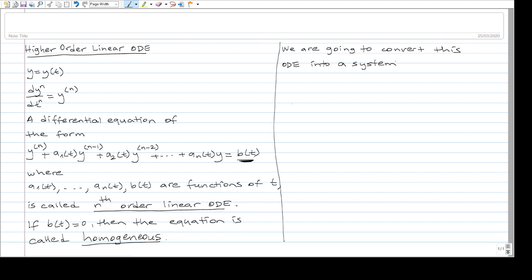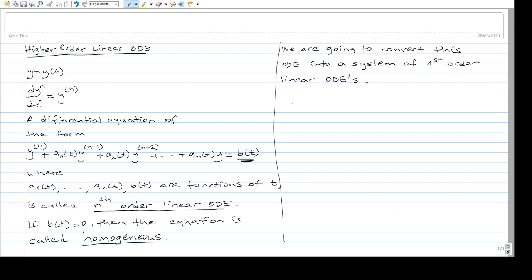Remember, we worked with systems before. So we want to use the methods we developed in solving systems in solving ordinary differential equations, just one equation. So we are going to convert this equation into a system of first order linear ordinary differential equations.